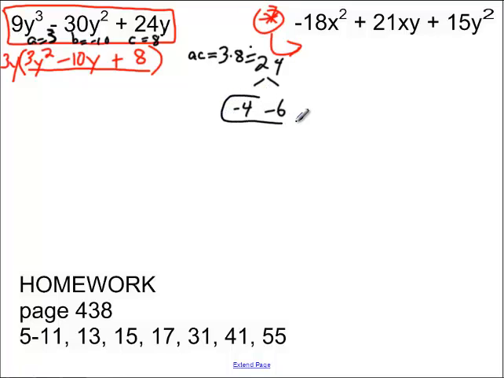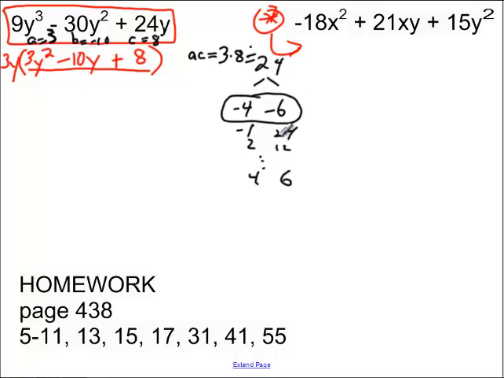That's our answer. We could have gone through all the list of 1 and 24, 2 and 12, etc., until we got to 4 and 6. And then we should have said we need to find factor pairs that are negative and negative, because they add up to a negative number, and a negative times a negative would be a positive.